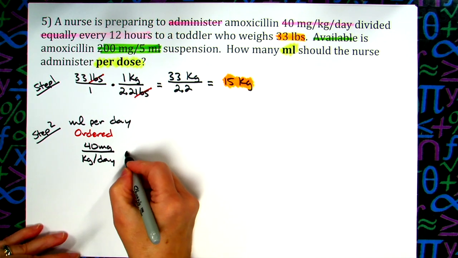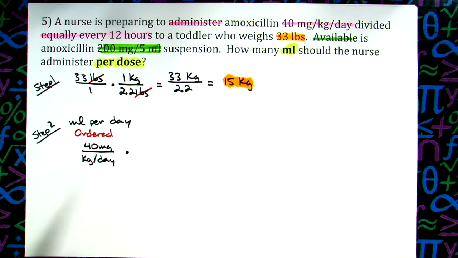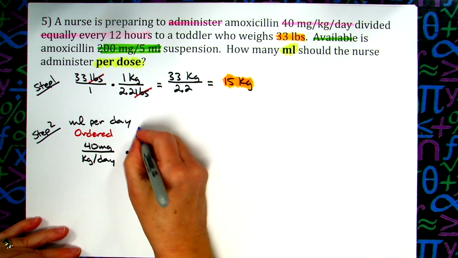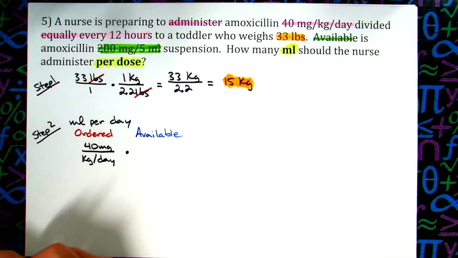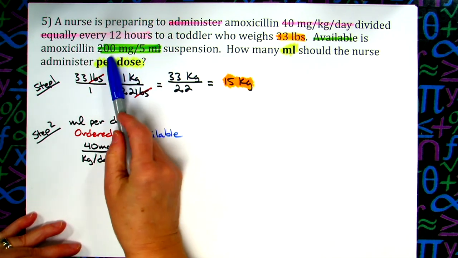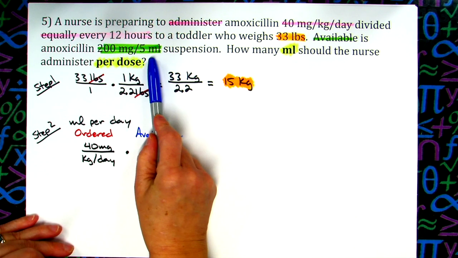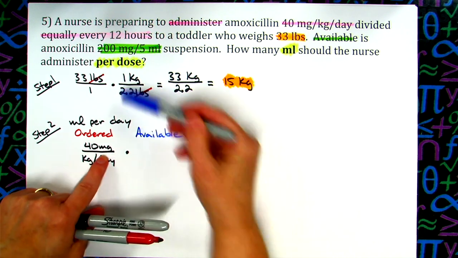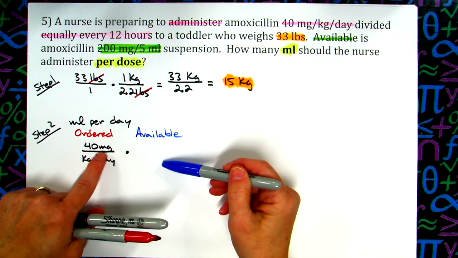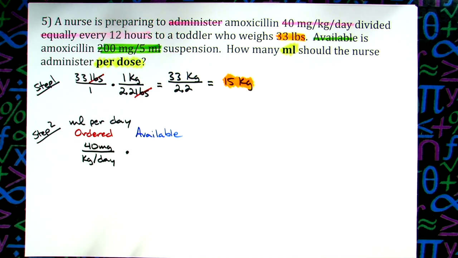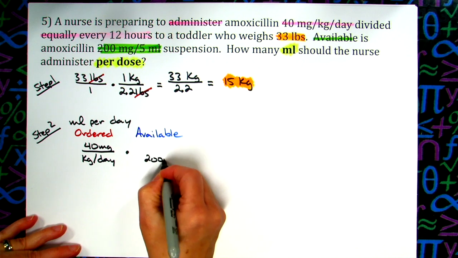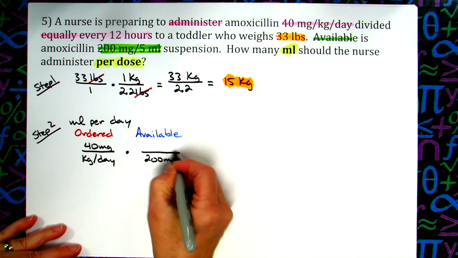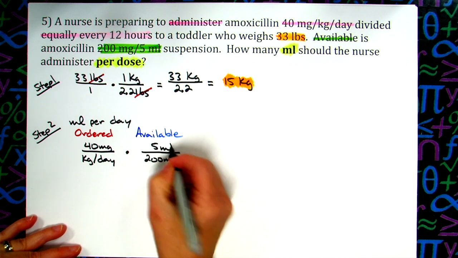All right, now I need to multiply that by what's available. So we're going to label that available. We said available is 200 milligrams per 5 milliliters. Again, we want those milligrams to cross out, so I'm going to put that 200 milligrams on the bottom, and I'm going to put the 5 milliliters on the top.